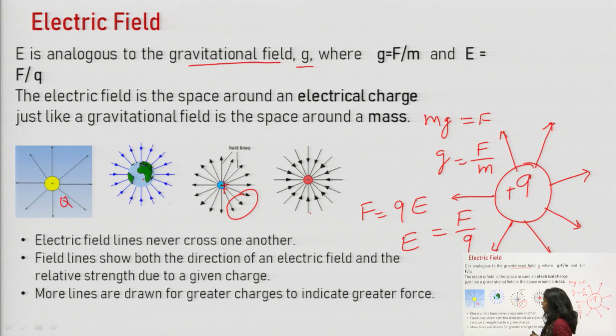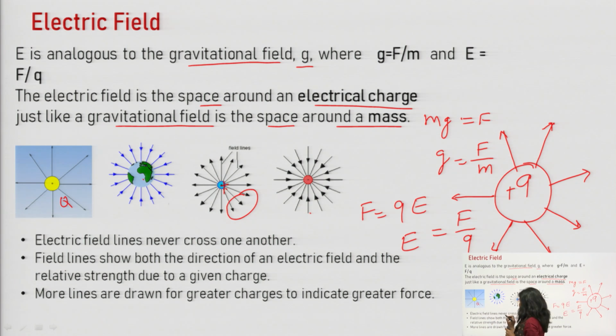Now there are some more facts regarding the electric field. The electric field is the space around an electric charge, just like the gravitational field is the space around a mass. This is the analogy between the mechanical concept and the electrical concept, that is, a mass and a charge.